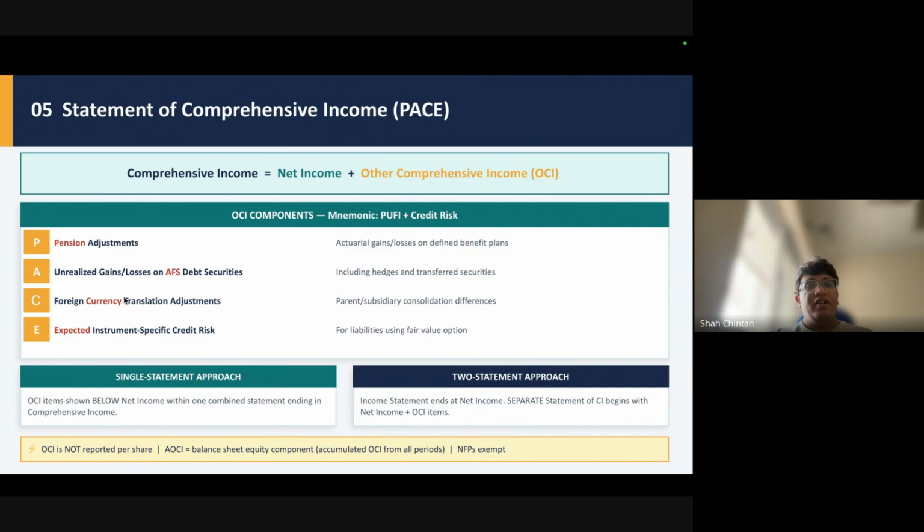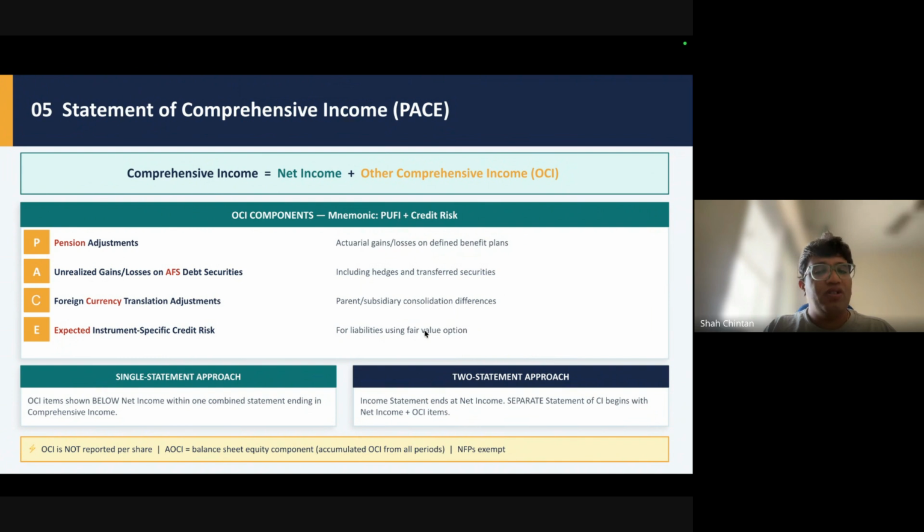Number C, your currency translation of the foreign subsidiary. Whatever gain and loss came because of the currency differences, they are not your actual gain in cash or realized gain. They are just a gain because of a books of accounts transaction. So you don't want to inflate your net income and show higher or lower net profit. Rather, you park all these differences into your OCI only.